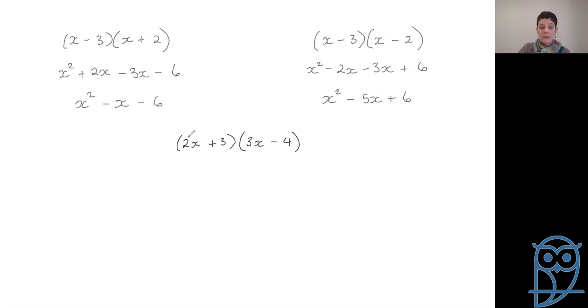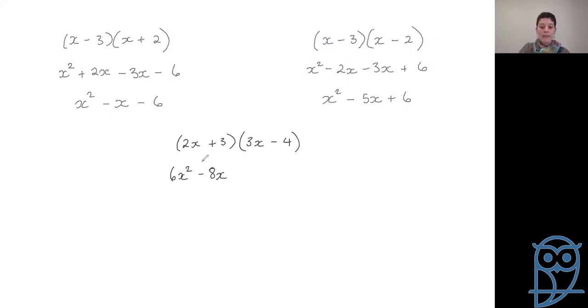So first, 2x times 3x. So our numbers would combine. 2 times 3 is 6, and our variable would combine. x times x is x squared. Outer, 2x times minus 4. So our numbers combine. 2 times minus 4 is minus 8.